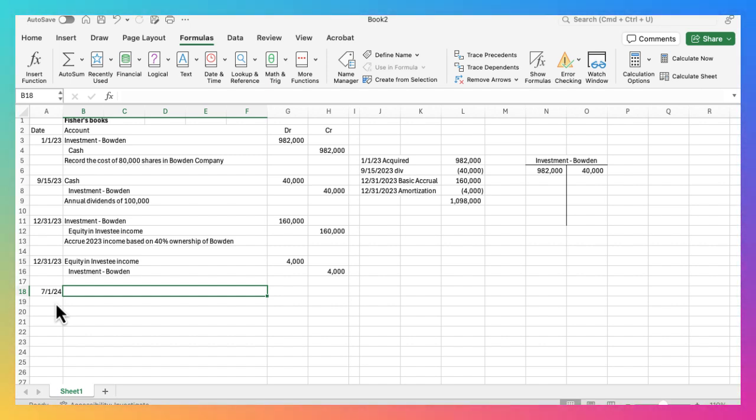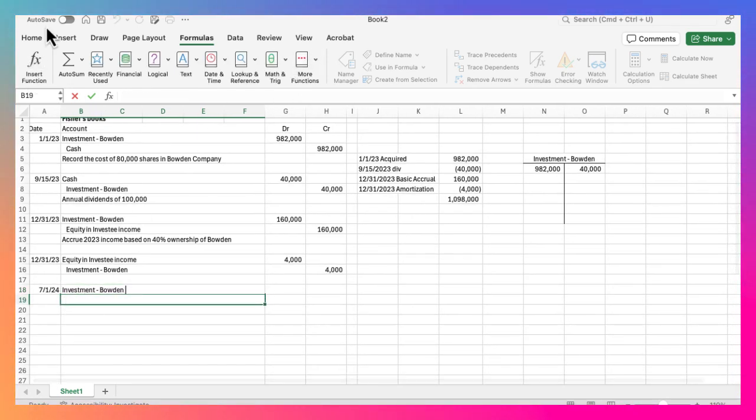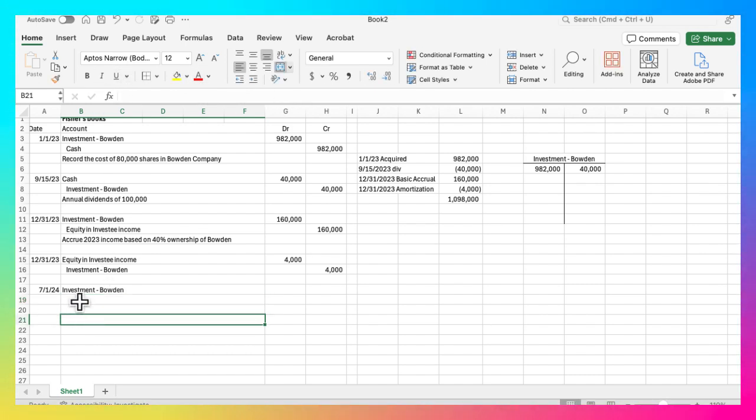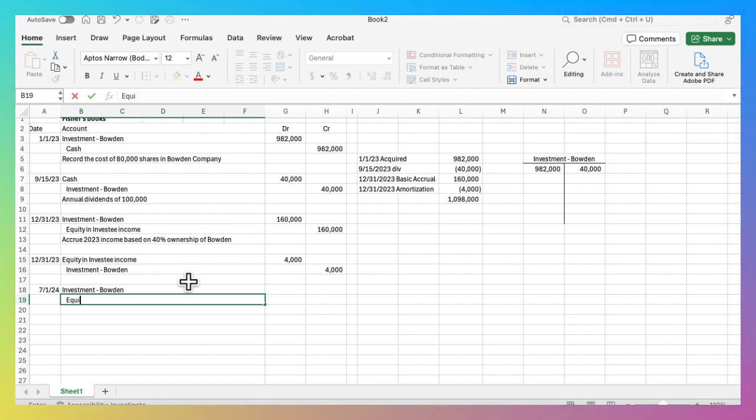So, because we're talking about allocating income, we're going to debit investment, Bowdoin, and then we're going to credit equity in investee income.